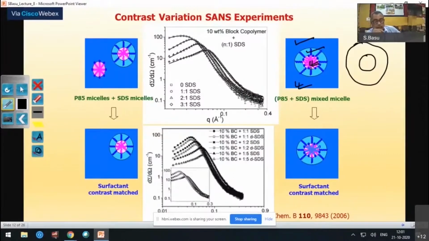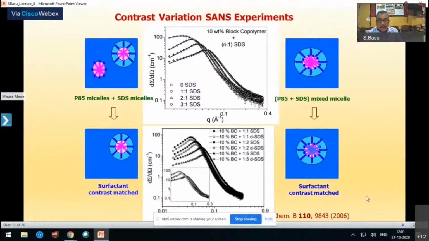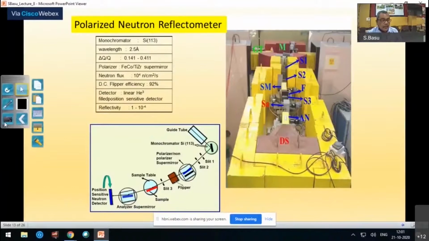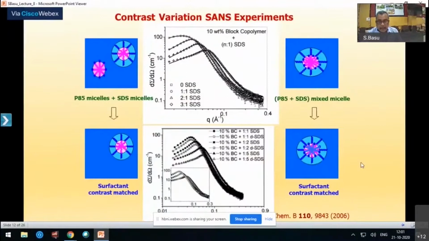Not only that, neutron is sensitive to lower Q values, but using contrast matching in small angle neutron scattering, we can light up different parts of my system and look at it. This is a very big advantage of small angle neutron scattering, and they have shown here in this medium that the surfactants can be contrast matched.